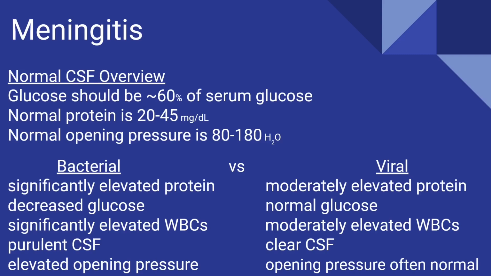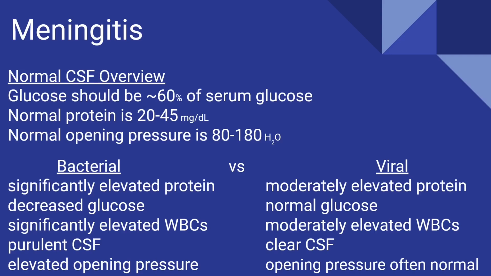So we use these as comparisons to different types of meningitis, bacterial and viral. Now, you could think about these very logically: what does bacteria do differently than a virus? Bacteria is made up of proteins.